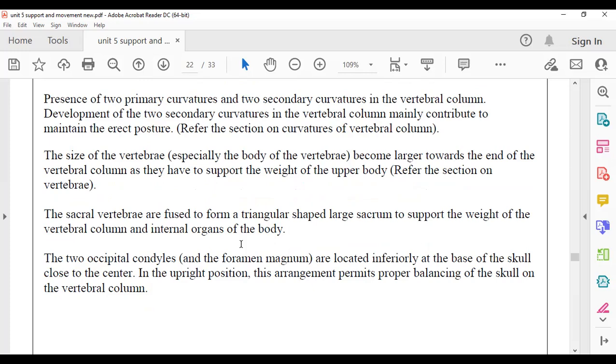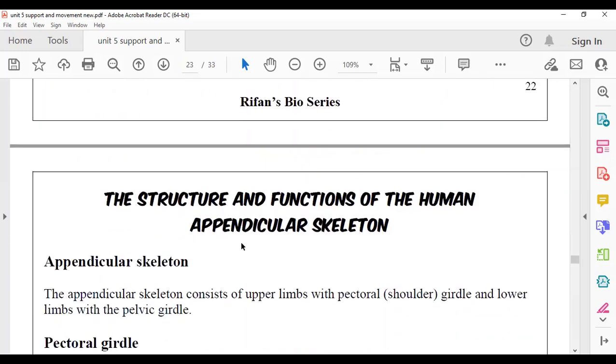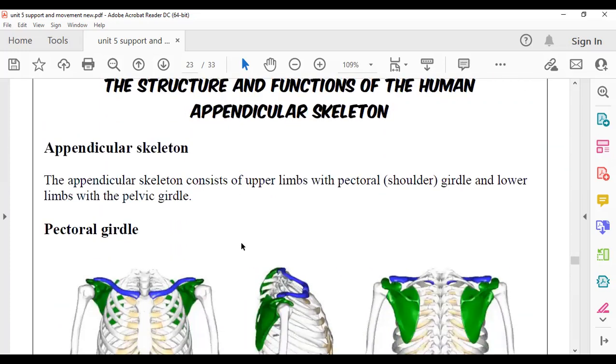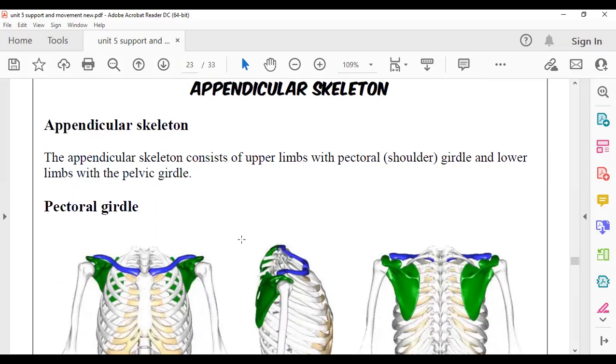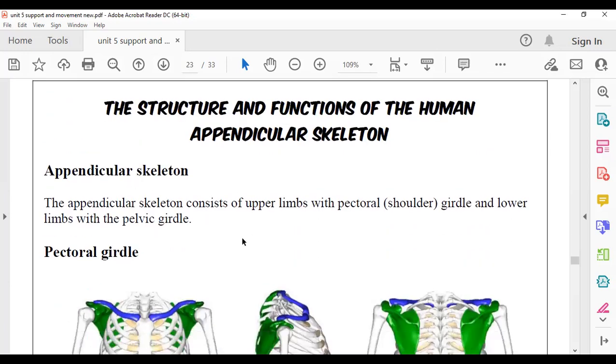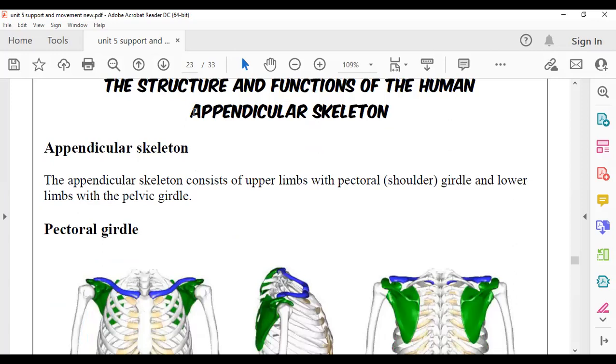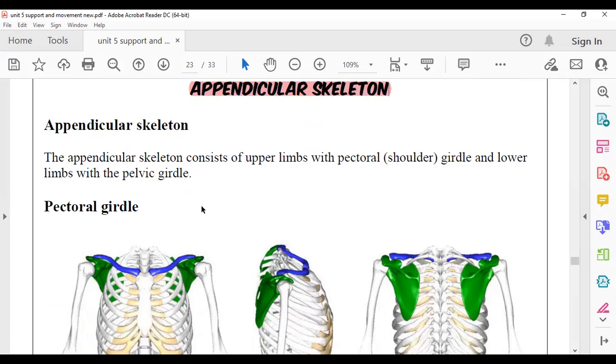Clear, sir. Right. So with that one, we are completing the axial skeleton, and now we have to enter into the appendicular skeleton. In the appendicular skeleton, two girdles to study, two limbs to study.